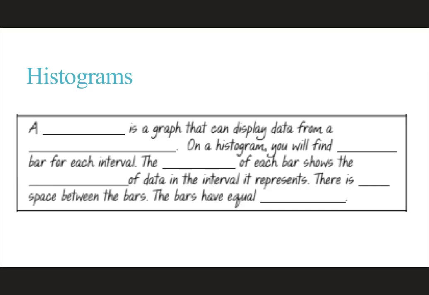So first of all, a histogram is a graph that you can display data from what's called a frequency table. So a histogram comes from a frequency table. All right, and on a histogram, we're going to find one bar for each interval.